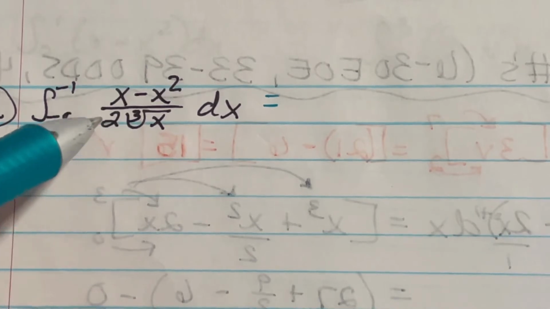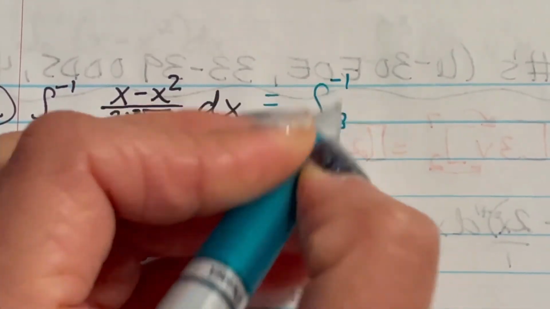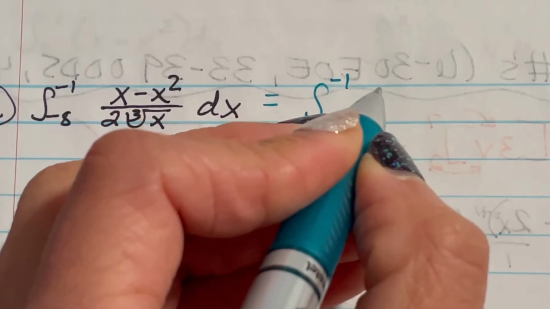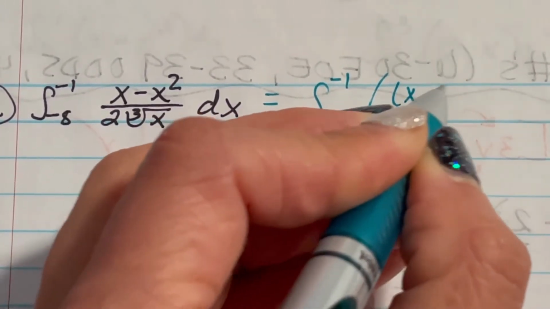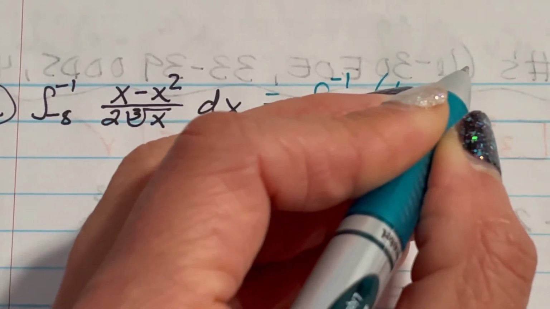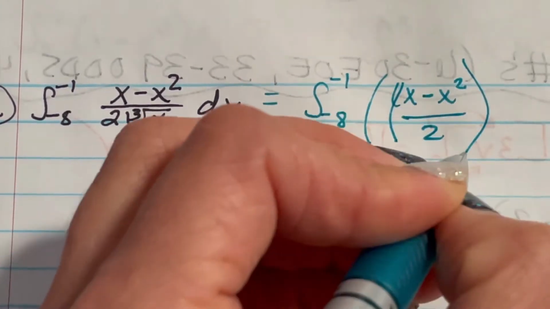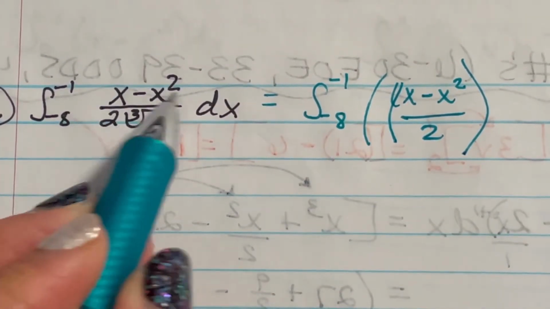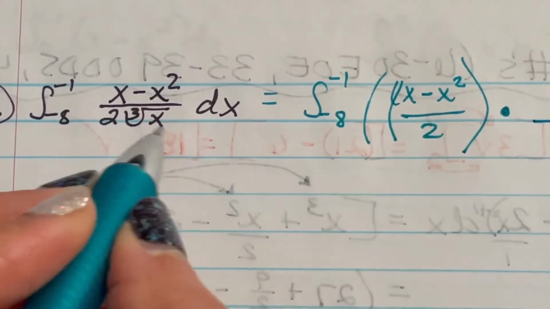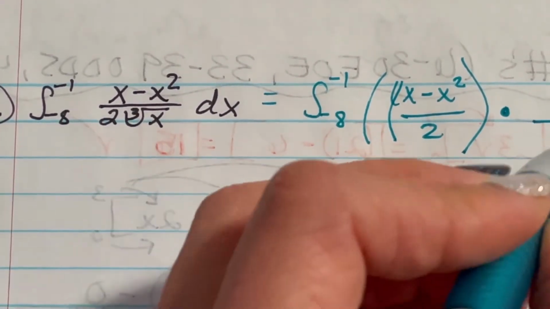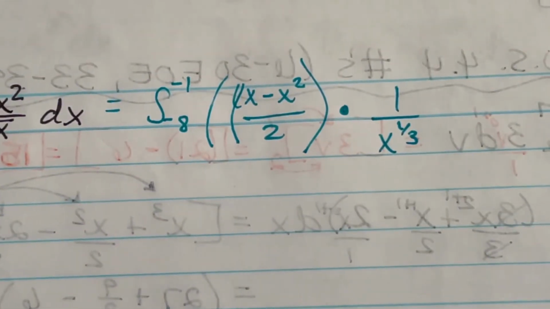I'm gonna split this. I'm gonna make this the integral from -8 to -1 of x minus x squared over 2. That's this part, x minus x squared over 2. But then times 1 over, and I'm going to rewrite that cubed root of x as x to the 1/3 power, because that's what it is.